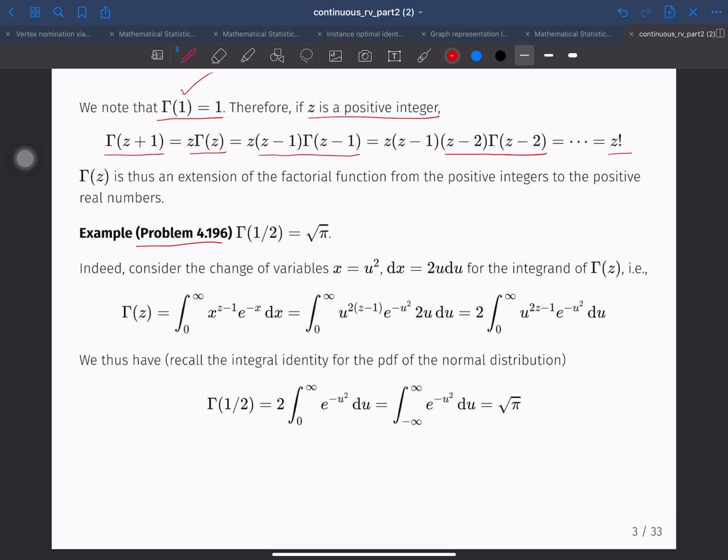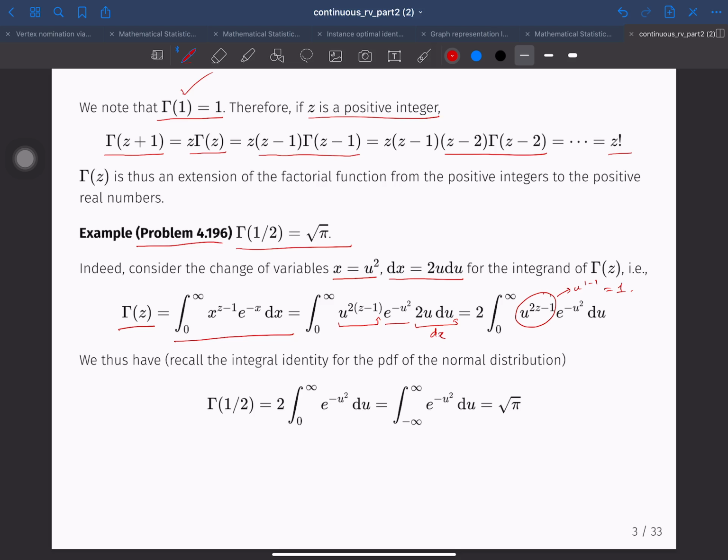As another example, this is problem 4.196 in your textbook. You can show that gamma of 1/2 is square root pi by using a change of variable. So here we have gamma z is this term here. So by doing the change of variable, by letting x be u squared, in which case dx is 2u du, and now x becomes u squared, so you get u to the z minus 1. E to minus x becomes e to minus u squared. And now if you let z be 1/2, then this term here will just be u to the 1 minus 1, which is 1.